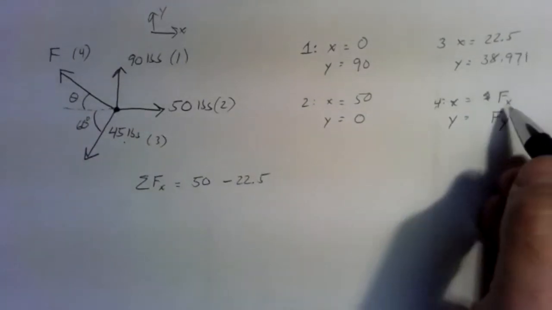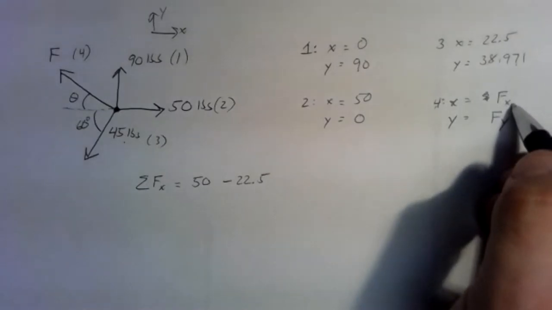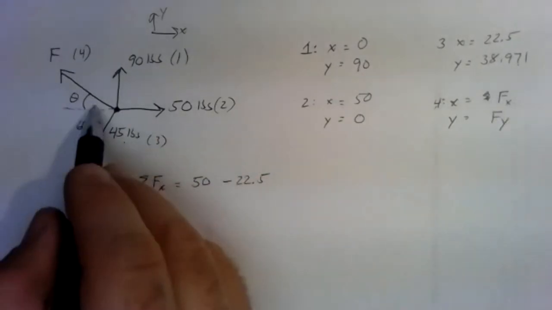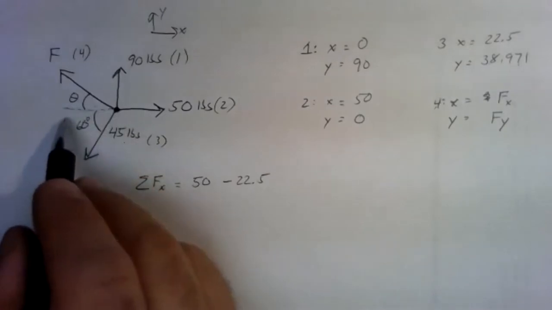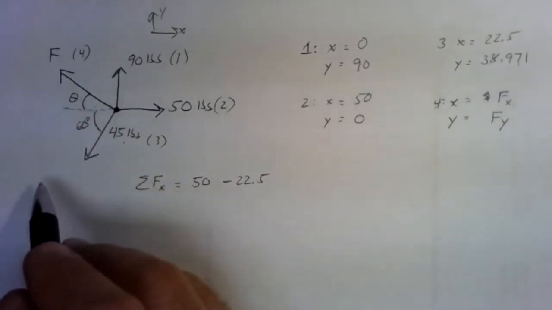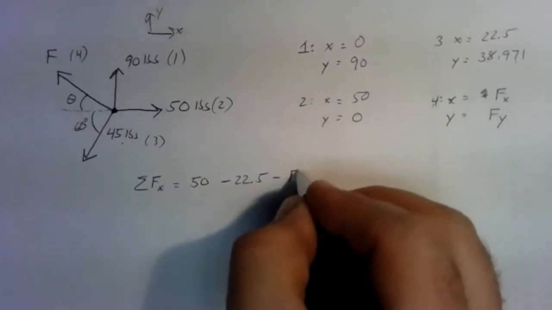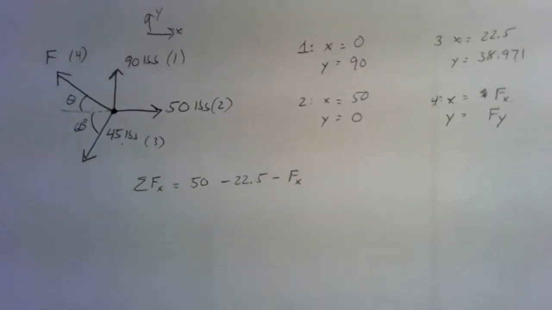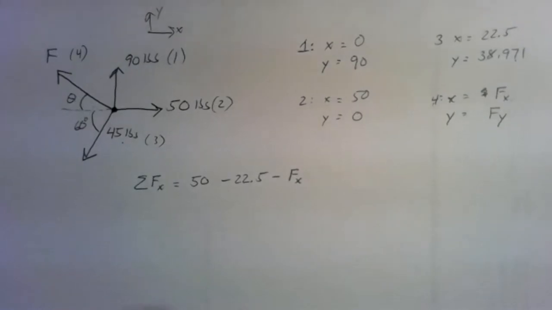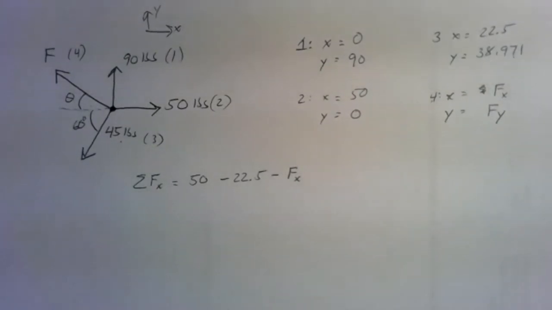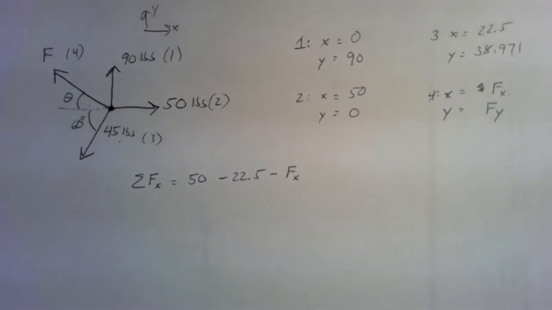And then we've got Fx, the x component of our unknown vector. Well, we've assumed that pulls to the left, so we have to put it in the sum negative. So we have 50 to the right, negative 22.5, and Fx both to the left.